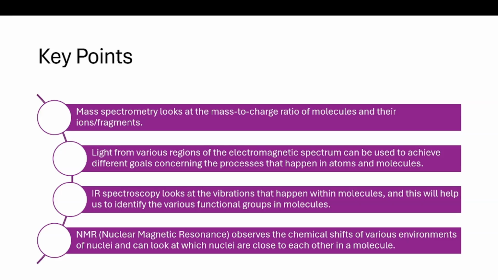Second, light from various regions of the EM spectrum can be used to achieve different goals with atoms and molecules. Third, IR spectroscopy looks at the vibrations that happen within molecules, which helps to identify functional groups. And finally, NMR depends on the chemical shifts based on various environments of nuclei.